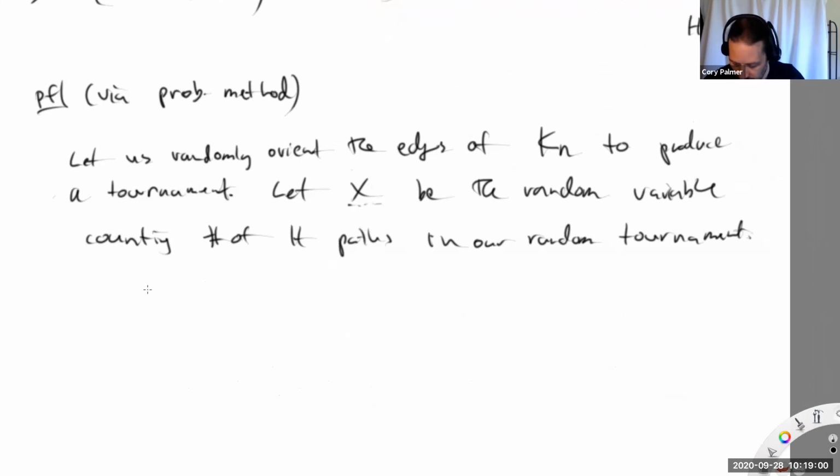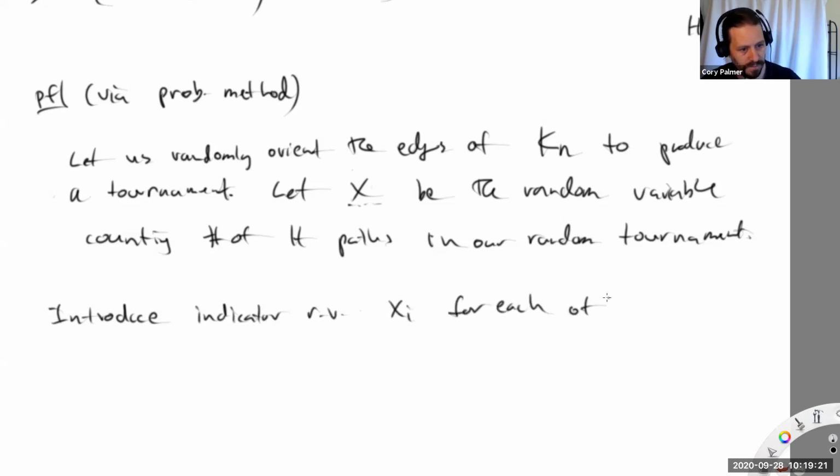But anyway, so let's introduce indicator random variables Xi for each of the n factorial potential Hamiltonian paths. Okay, and I'll add something in a second here.